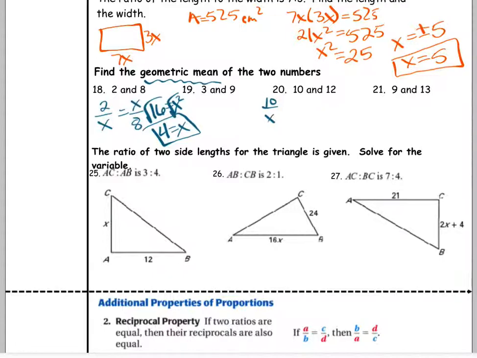So if I was going to do another one of these, let's do 10 and 12. 10 over x, x over 12, that would be 120 equals x squared and square root. And I want us to do radical form here, so 12 and 10, that'd be 2 and 6, 6 would be 2 and 3, that would be 2 and 5. Okay, so I've got 1, 2, 3 2s and a 3 and a 5.